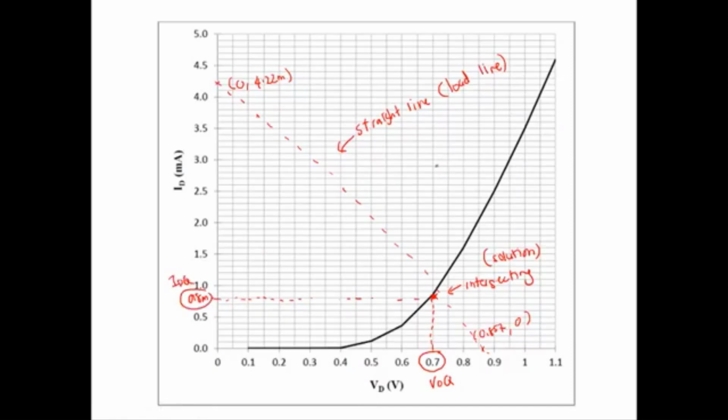So the answer, using the graphical method, is VDQ equal to 0.7 volt and IDQ equal to 0.8 milliampere. Okay, so this is how we solve the circuit using the graphical method.